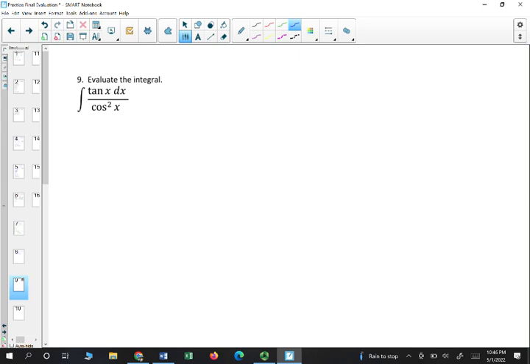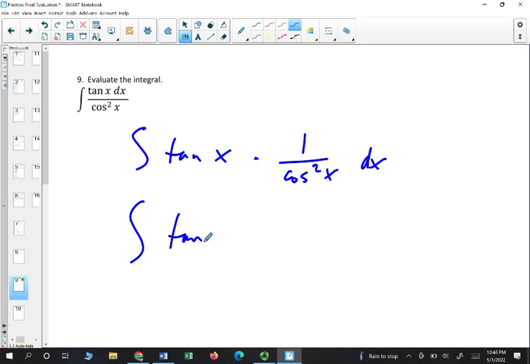Okay, integral tan x over cosine squared x. We could say this is the same as tan x times 1 over cosine squared x. 1 over cosine squared is the same as secant squared x.